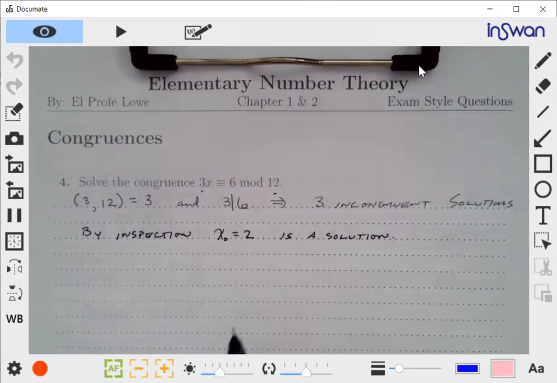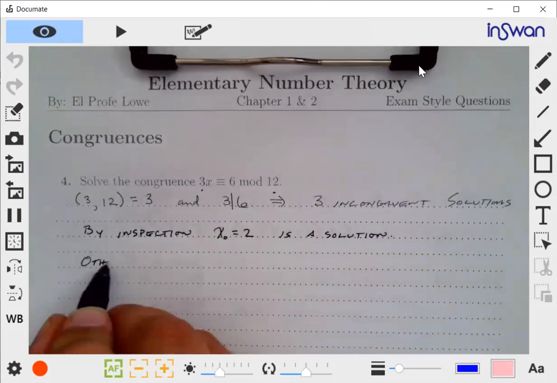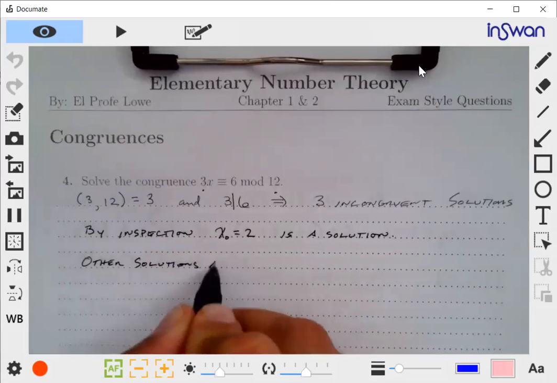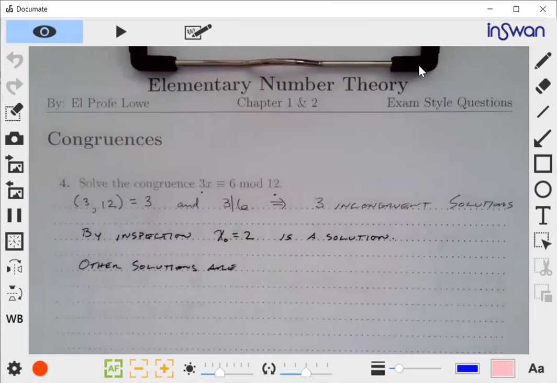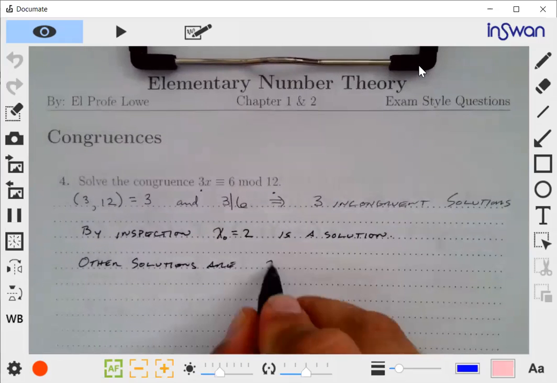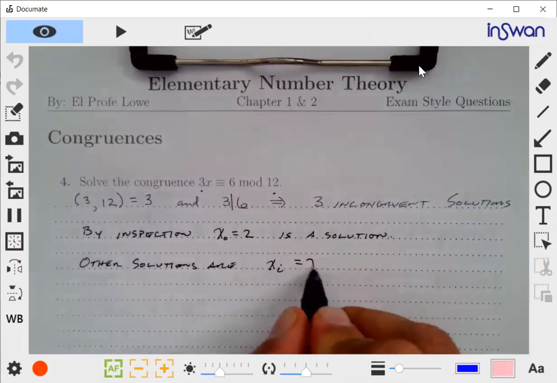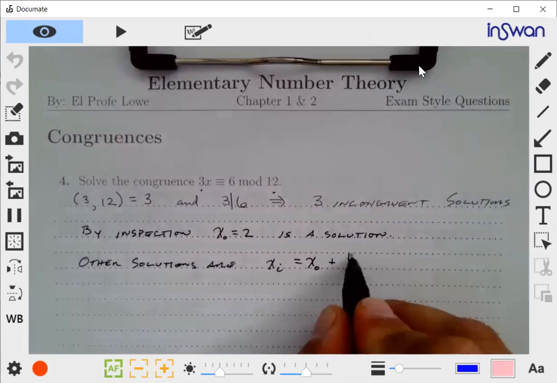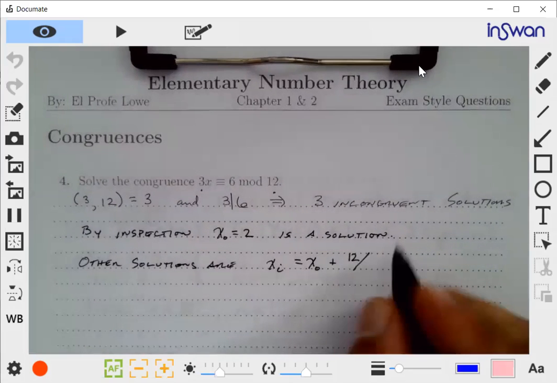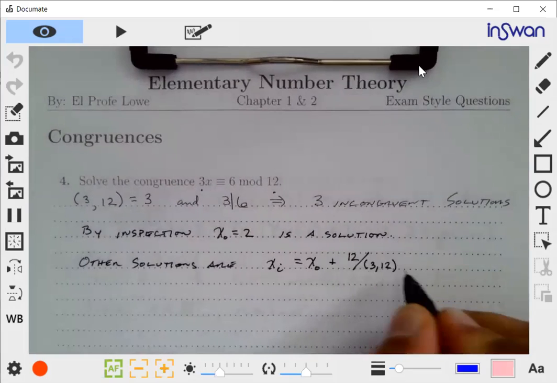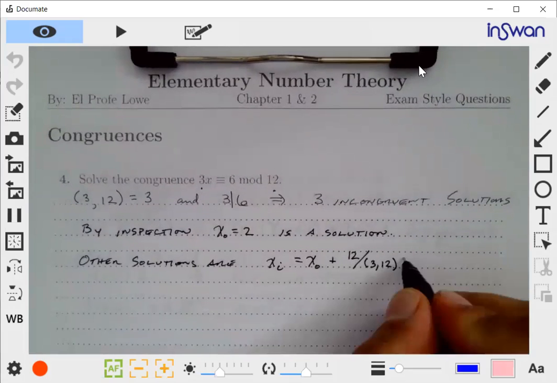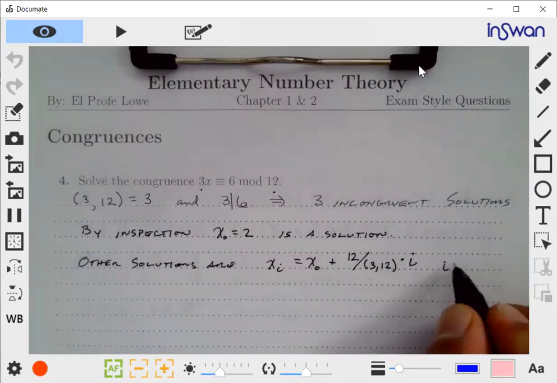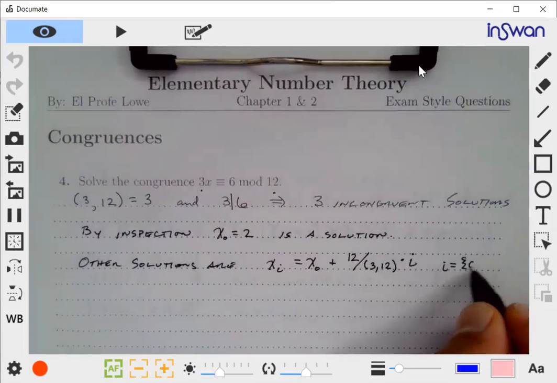Now, my other solutions are given by x sub i equals x naught plus 12 divided by that greatest common divisor of 3 and 12, times i, where i is equal to 0, 1, and 2.